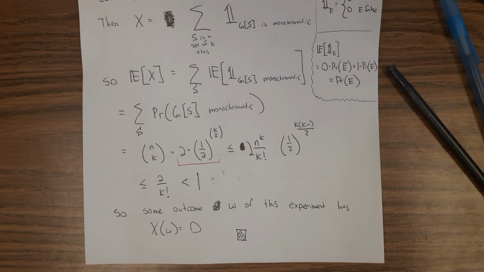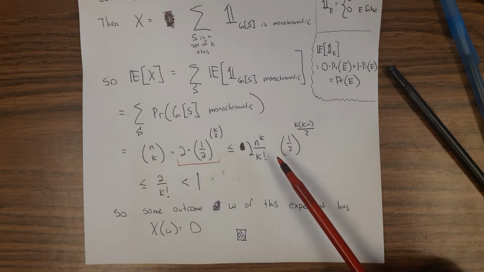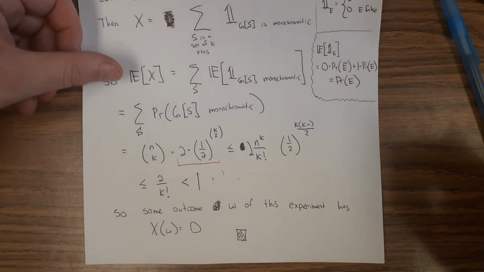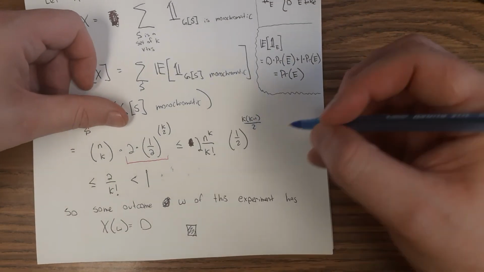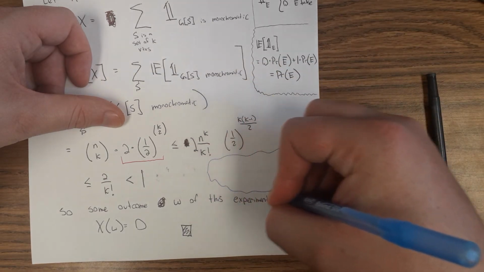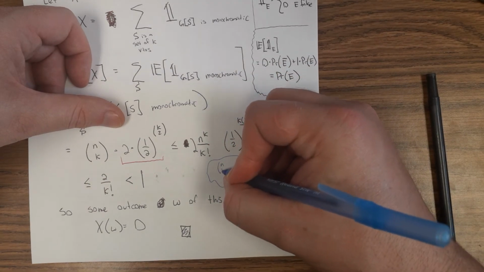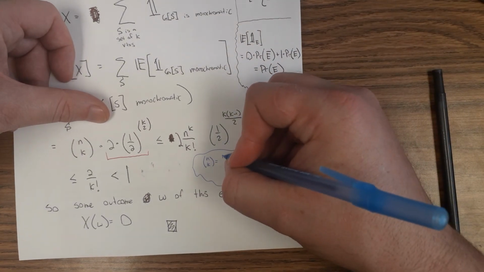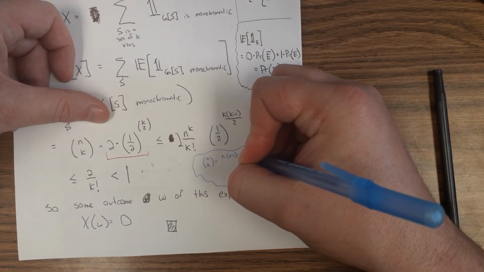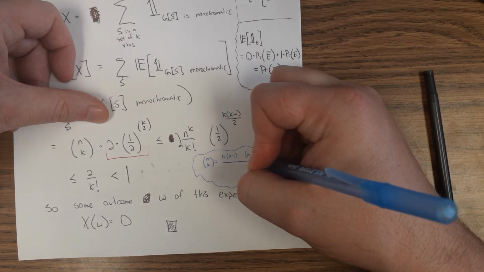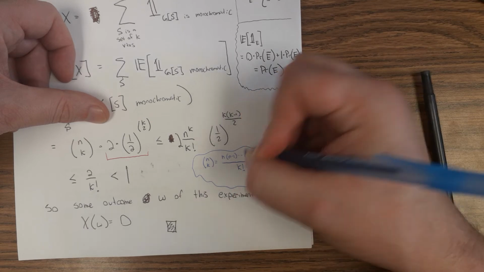Okay, so that's that. And now I'm just going to use a couple of inequalities. First of all, maybe I'll just make a bubble here. One way of writing n choose k is n times n minus 1 all the way down to n minus k plus 1, over k factorial.